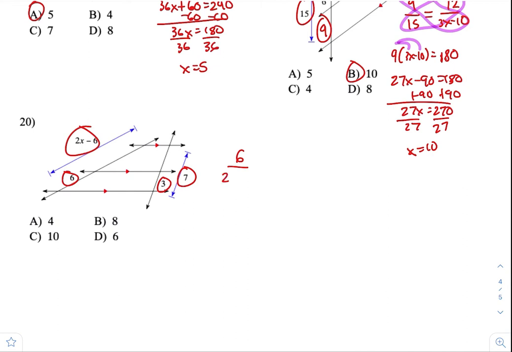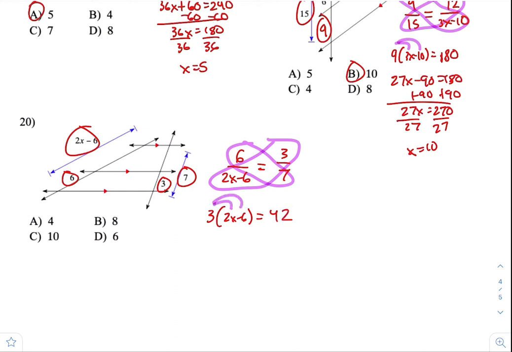Cross multiply, 3 times 2x minus 6 is equal to 6 times 7, which is 42. Distribute. 6x minus 18 is equal to 42. Add 18 to both sides. 6x is equal to 60. Divide both sides by 6. X is going to equal 10.